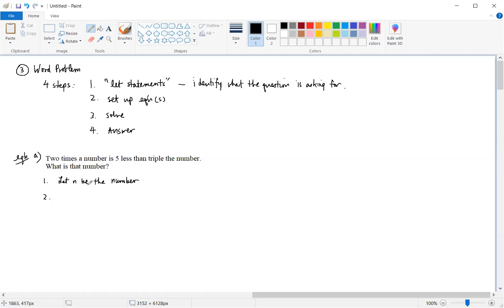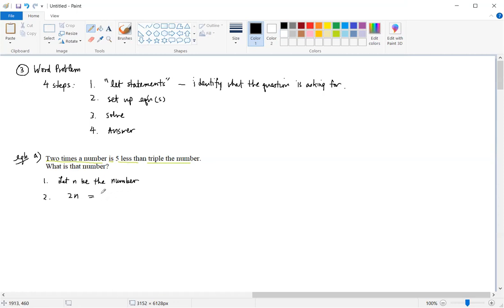Now, if we have one unknown, we are supposed to set up one equation. If we have three unknowns, we'll set up three equations to solve. One equation must be given by one piece of information. Here we only have one piece of information. It says 2 times that number is 5 less than triple the number.